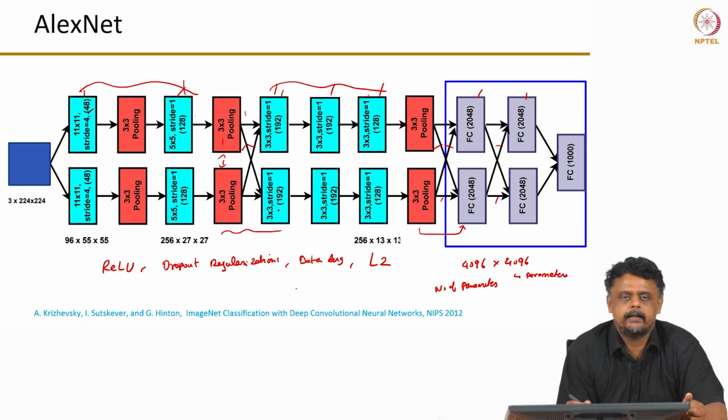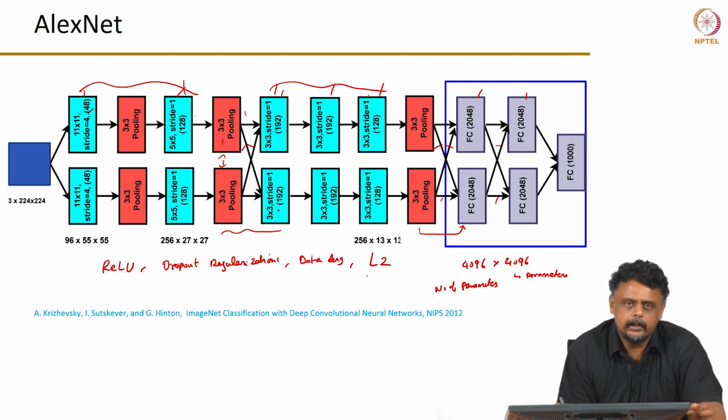So, basically the fully connected layers contributed to most of the parameters. The design principle was to use multiple size filters here, 11 cross 11, 5 cross 5, 3 cross 3, and the number of feature maps increased as you go deeper into the network.